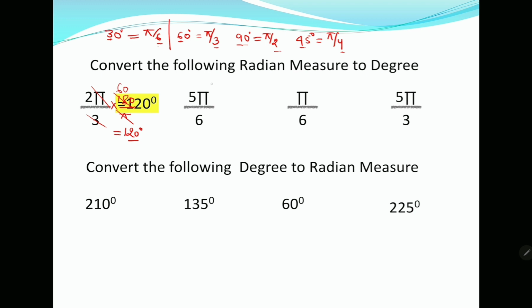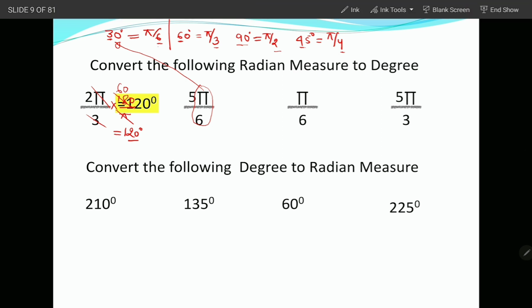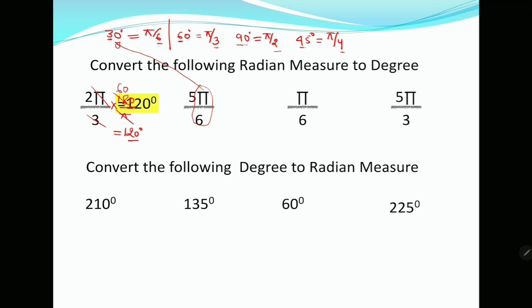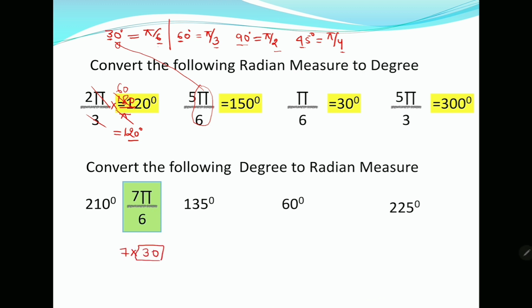So pi by 6 we know is 30 degree, so 5 pi by 6 will be 5 into 30, which is 150. Now pi by 3 is 60 degree, so 5 pi by 3 is 60 into 5, which is 300. Now 210. 210 can be written as 7 into 30. 30 is pi by 6.